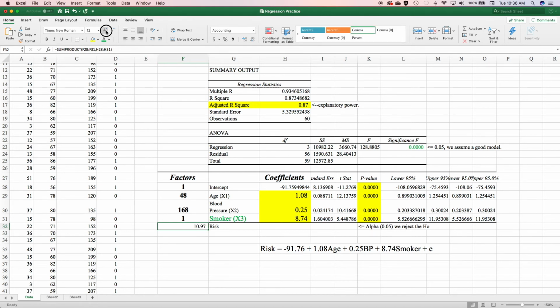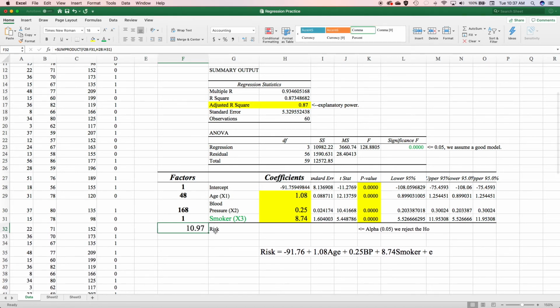All right. So we put all those together. We find out that a 48-year-old person with a relatively everything else being healthy has high blood pressure and they smoke, they have a factor of approximately 11. Now, the number one thing that we have to develop from this is how we can reduce that.